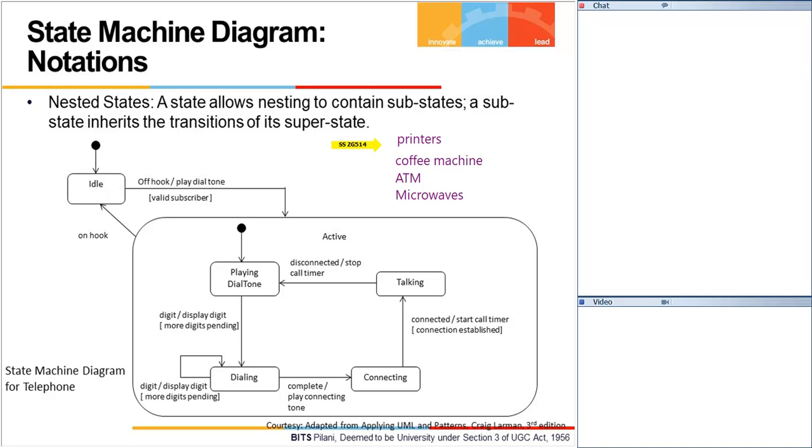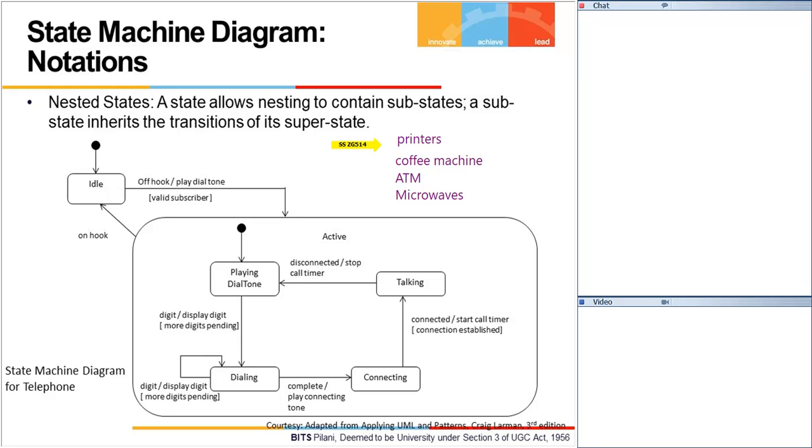Okay, so one person says that there could be a state wherein between connecting and talking, if you are not able to connect to the system, it doesn't go into a talking state, but it goes back into a playing dial tone state, right? So this could be there. So let me see if I can draw.